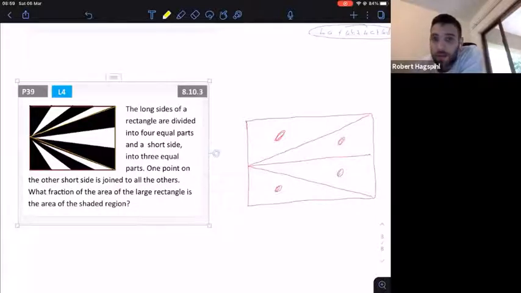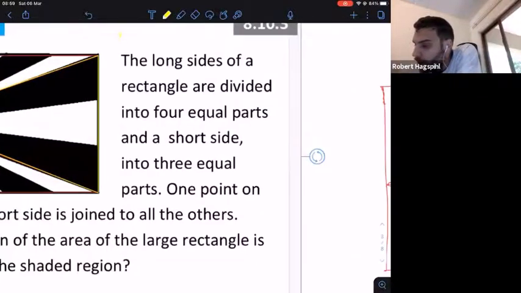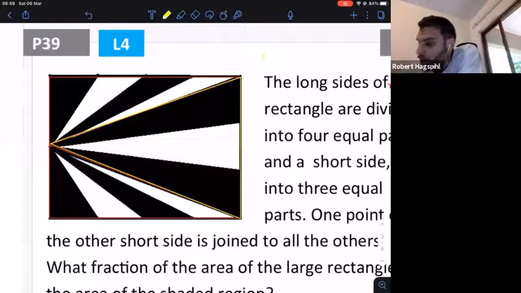Okay. So firstly, Petrus, were you happy that my red triangle is a quarter, my other red triangle is a quarter, and my yellow triangle is a half? Okay, cool.